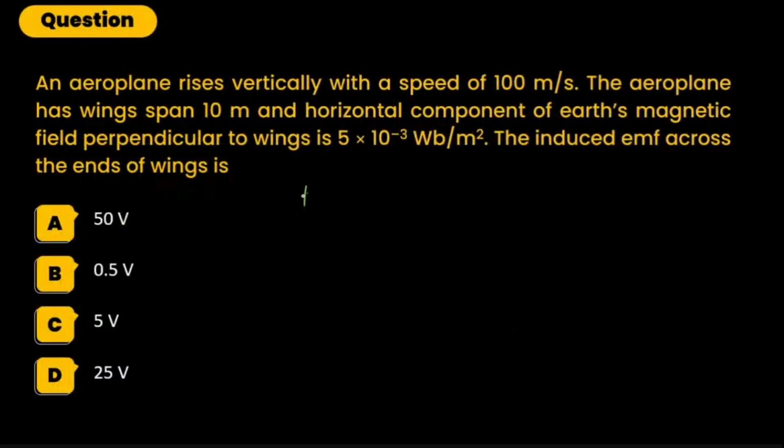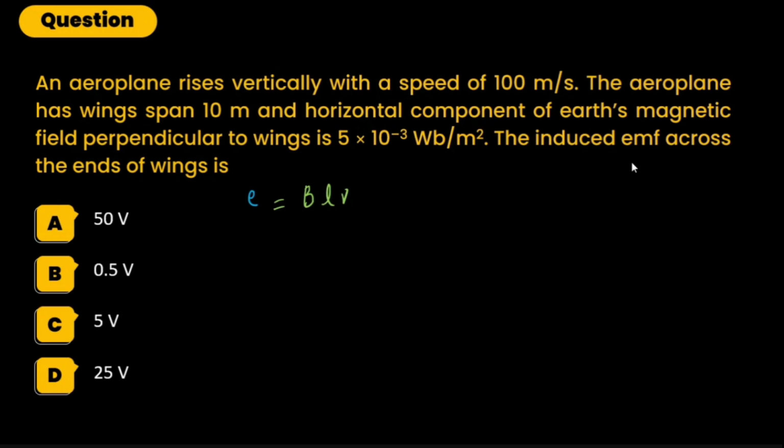So here we simply have to use this relation to find the induced EMF. And this is quite interesting: whenever an airplane takes off and moves continuously over the surface of Earth for a long time, like 10 or 20 hours, the Earth's magnetic field produces EMF through the wings of the flight. When the flight lands, the first thing it does is pass all the excess charge through the surface of Earth to make it safe for the passengers to come out.